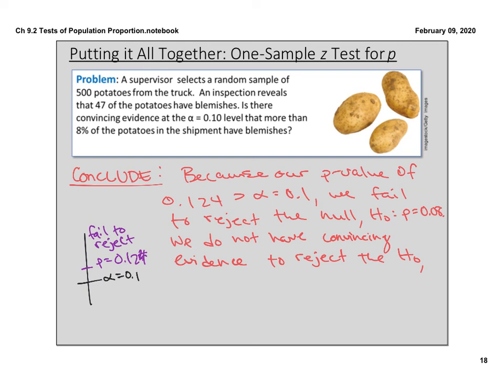And then state what that means: that there is more than 8% of potatoes with blemishes. So even though the sample we pulled had a higher than 8% value of potatoes with blemishes, it wasn't enough to provide convincing evidence that the whole truck needed to be sent away. So that's kind of what this test is showing.